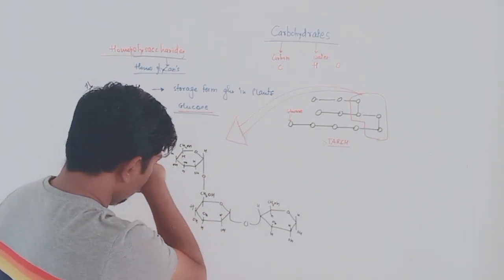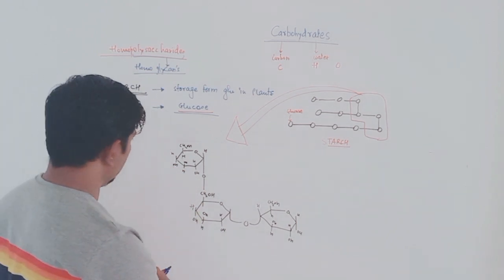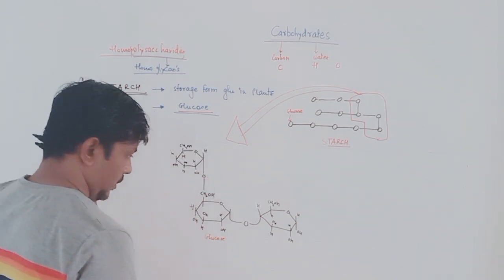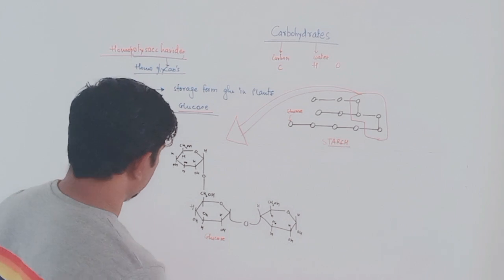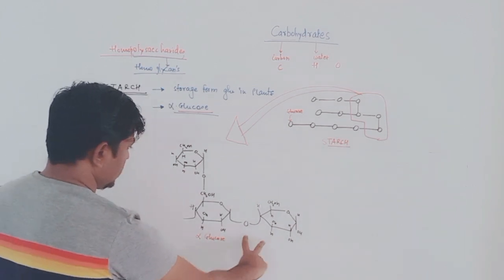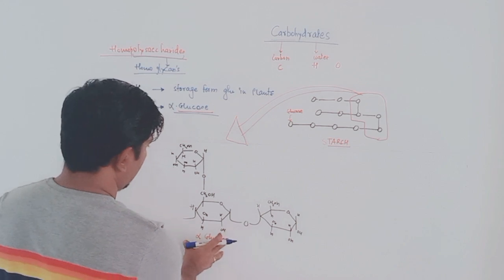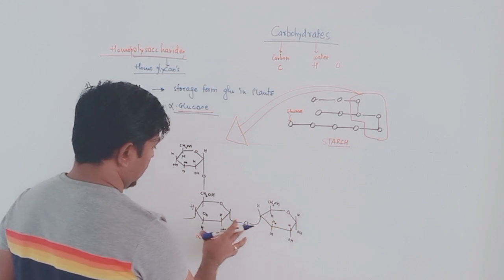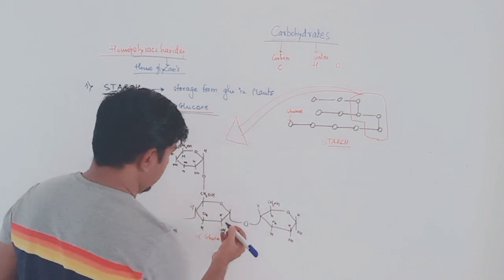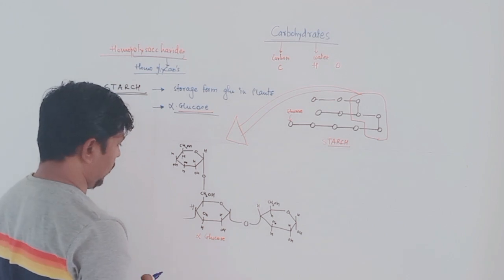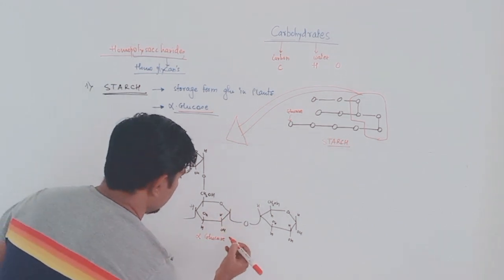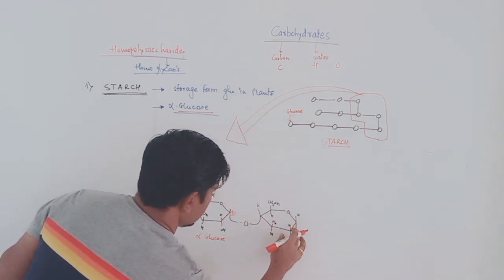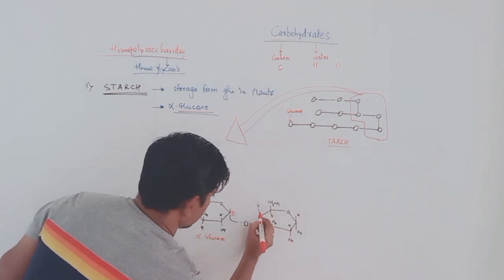Okay. These are all glucose molecules, in the alpha configuration. Two glucose molecules are attached to each other with the help of a glycosidic bond, which is formed between this glucose molecule's first carbon atom and this glucose molecule's fourth carbon atom. 1, 2, 3, 4.